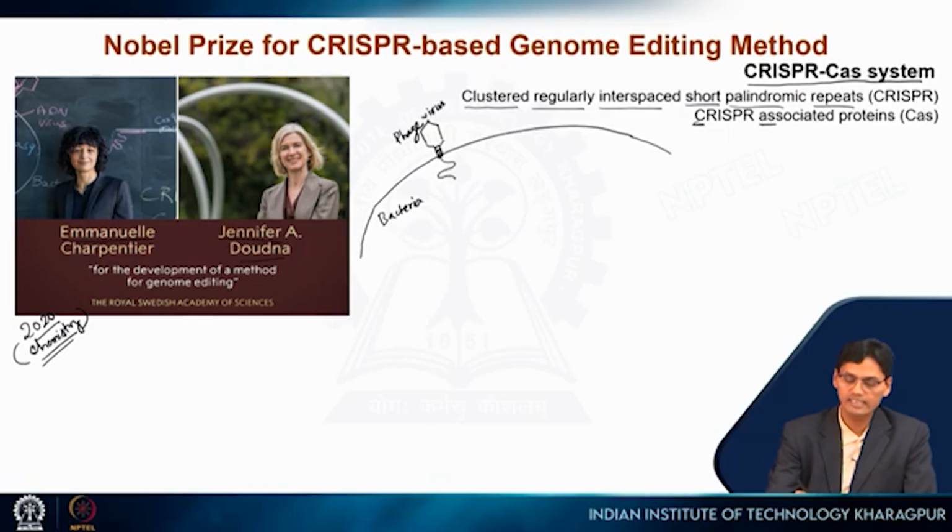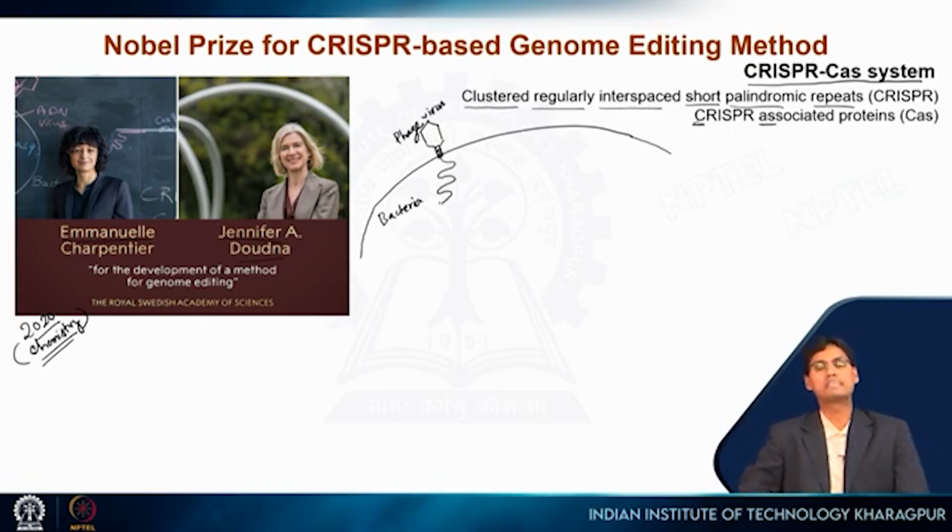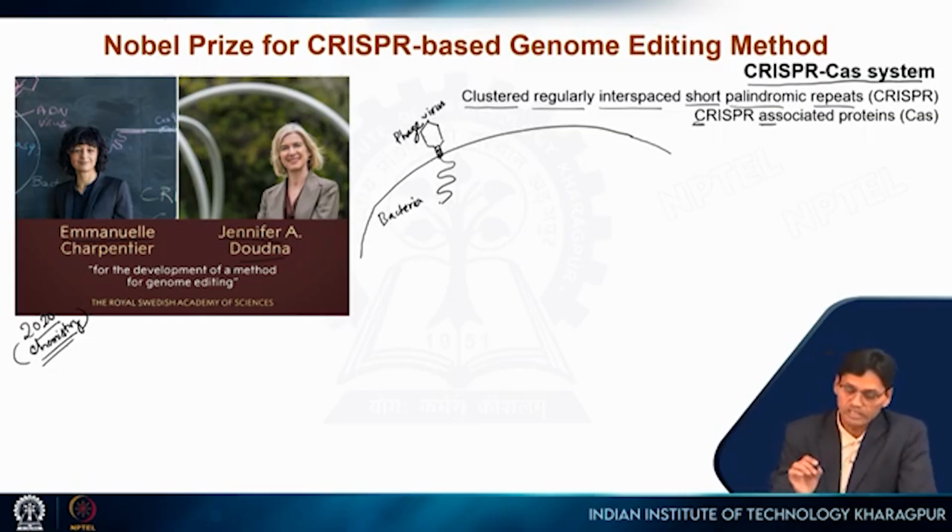They inject their genomic material, phage DNA, inside the bacteria, so that more phage virus can be generated, the bacteria will be lysed, and more phage particles will be released. But the bacteria try to protect themselves by some method. What scientists observed is that the CRISPR-Cas system is present inside the bacterial chromosome itself. What is that?